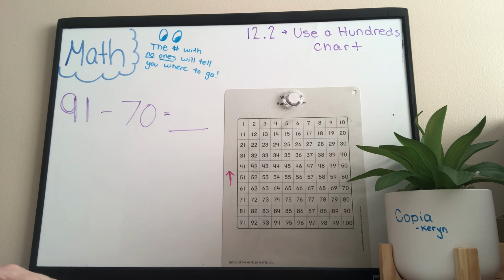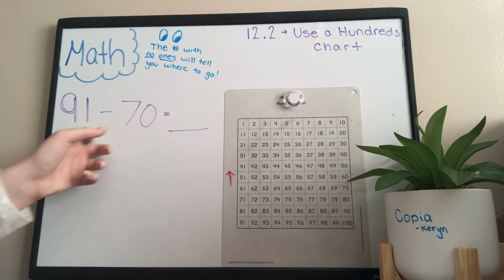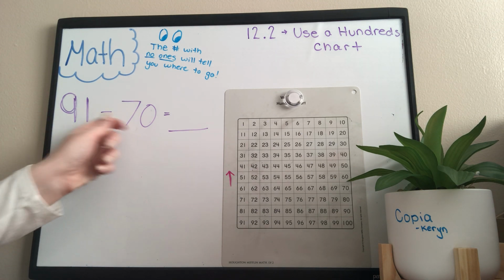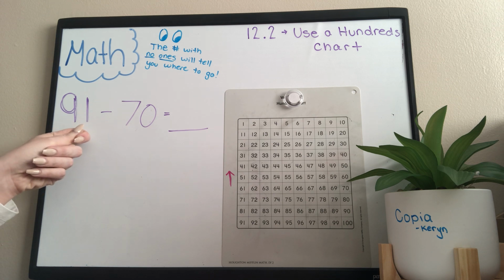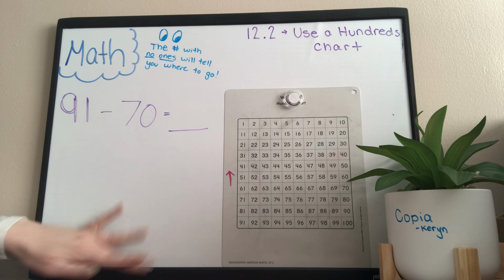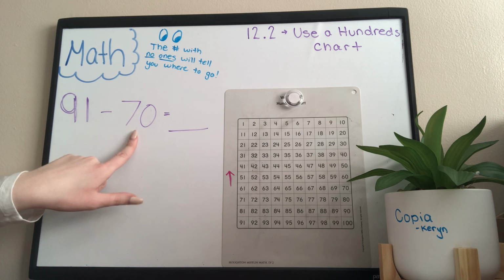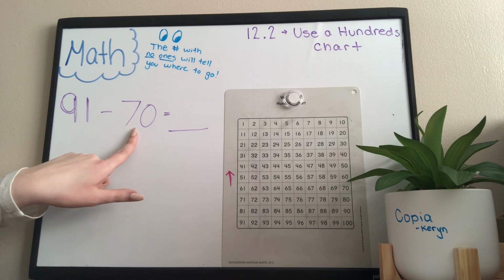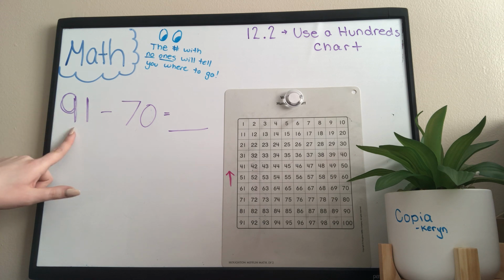No, I don't have 6 apples. I only have 5. Kind of the same thing over here. We can take away 70 from 91 because 91 is a big number and we will have some left over. But we can't take 91 away from 70 because this is only 70 and 70 is less than 91. All right.